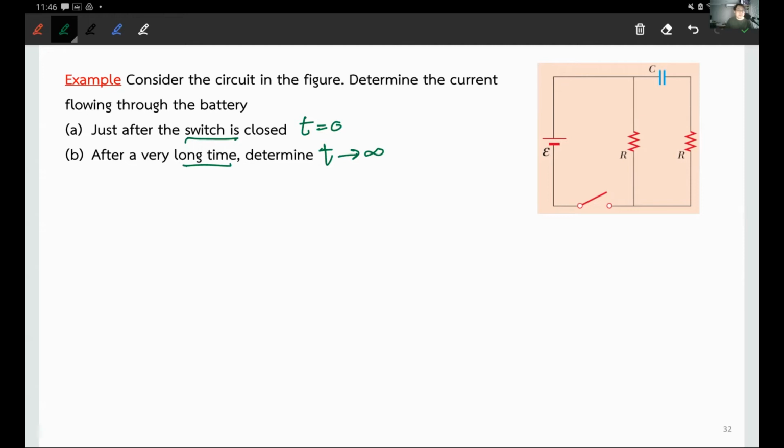Okay, what do you think about this one? Actually, this one is particularly just to confirm that you understand the character of the C in the circuits. Because my conclusion is this. At time 0, when the capacitor is blank, it behaves like a wire. You guys with me now?